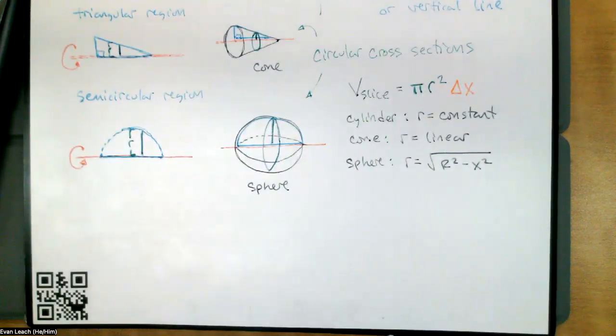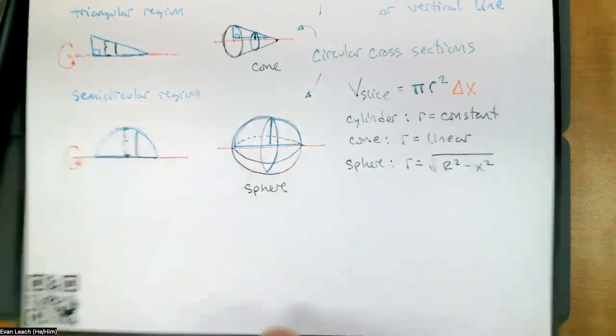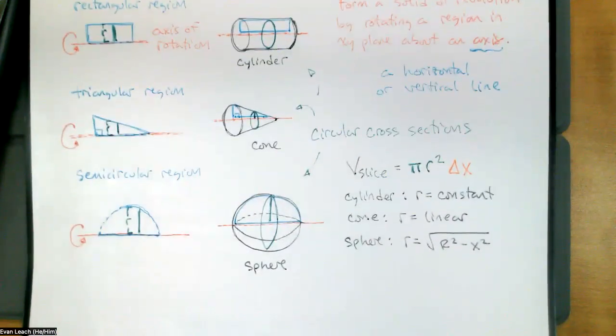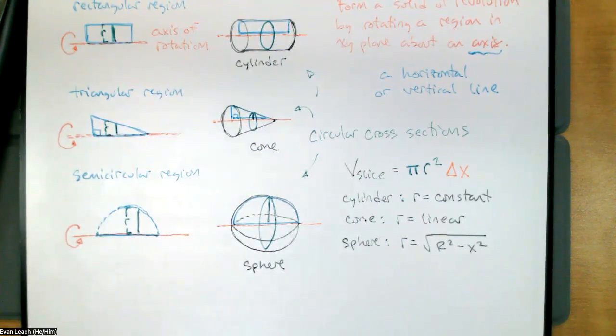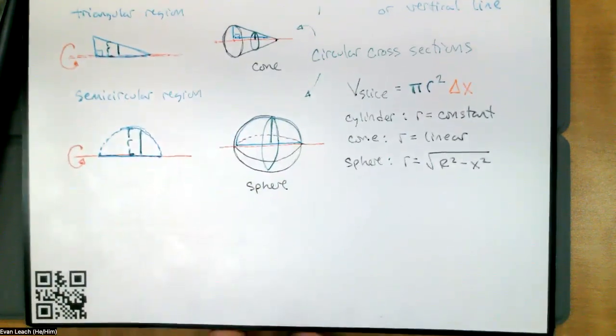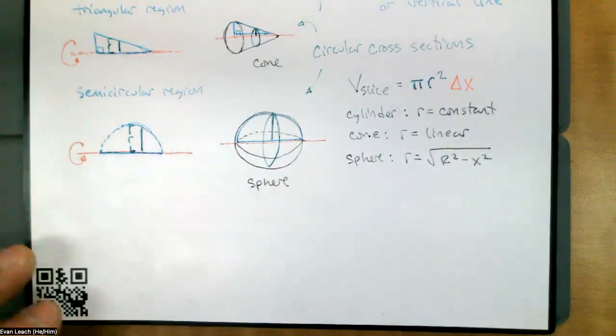The reason that we want to do this is that we want to have a stranger cross section that doesn't fit into the category of just cylinder, cone, sphere. Those things happen so often, we don't bother developing the volume of a sphere. We just know it. If we need to know the volume of the sphere, 4/3 pi r cubed, done. That happens enough that we should just remember it.